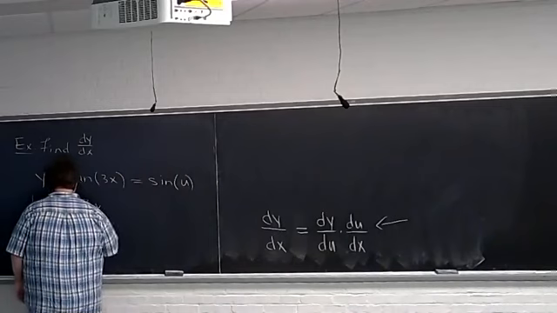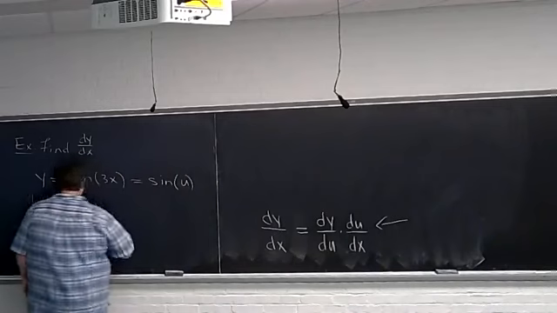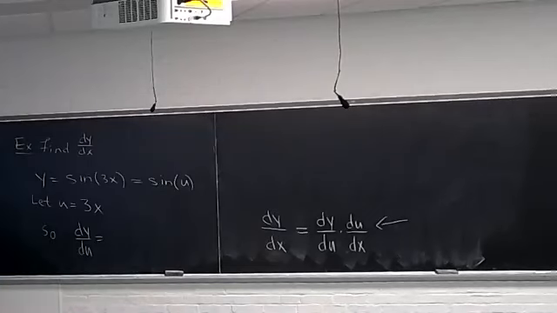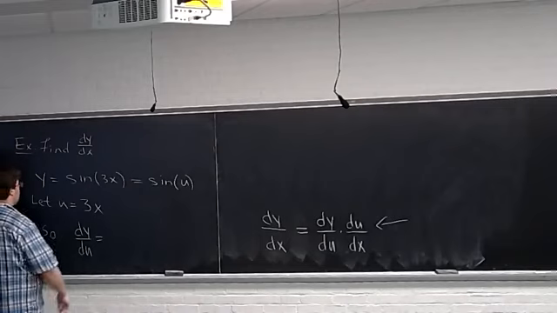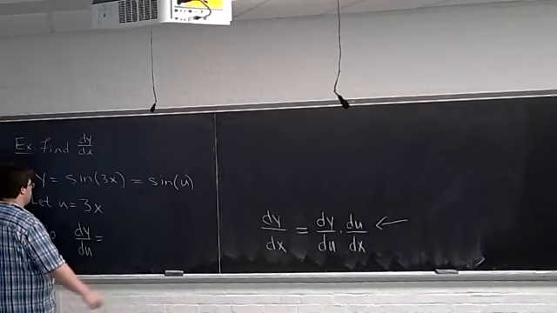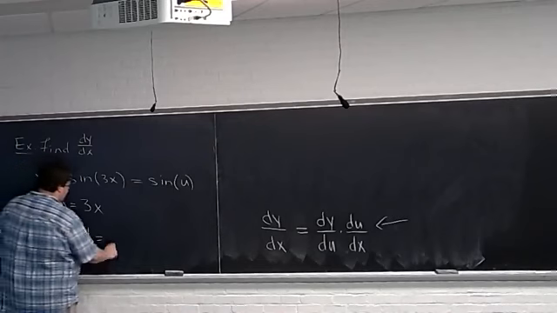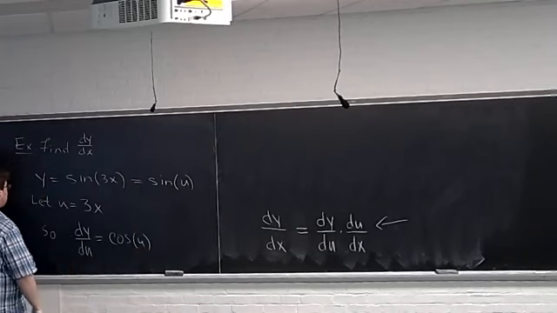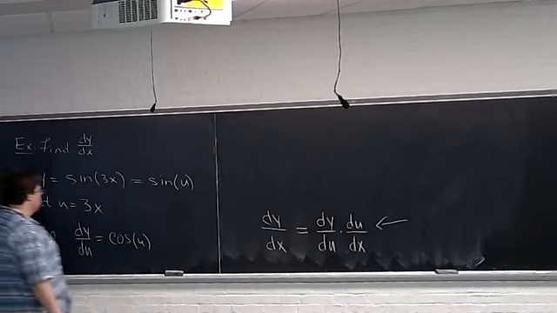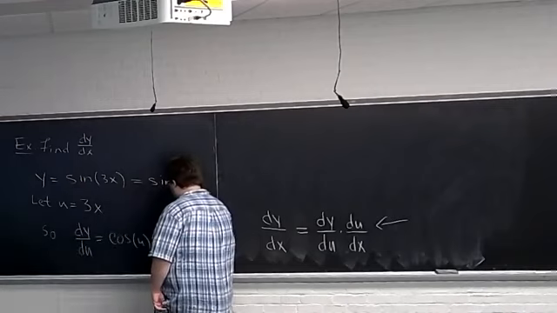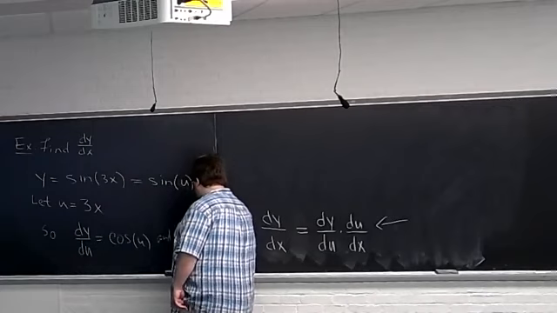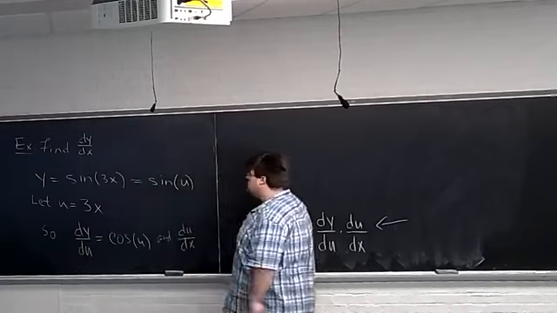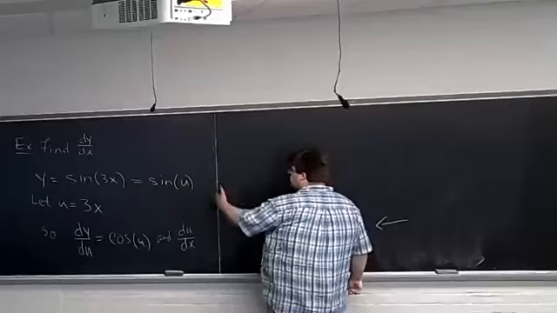So dy du, the derivative of y with respect to u. y is sine of u. Now just go through the derivative rules, replace the x with u. Derivative of sine is cosine. So the derivative of sine of u is cosine of u. And du dx: first line, y is now a function of u.